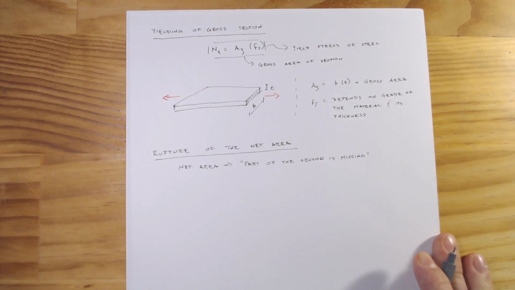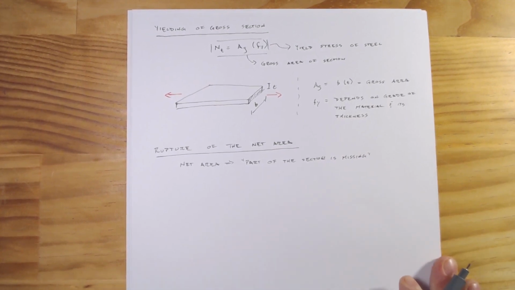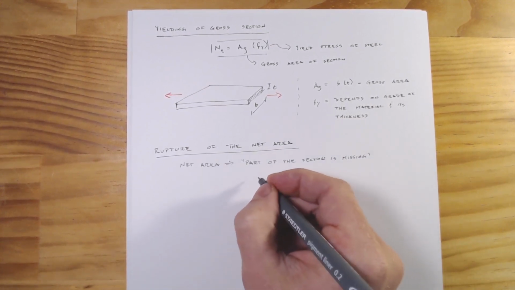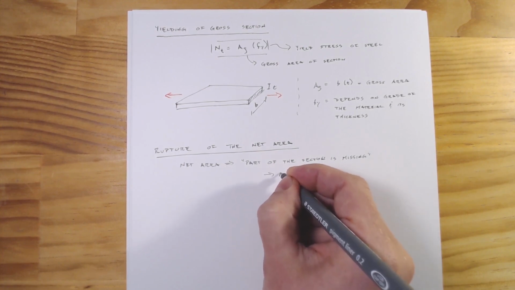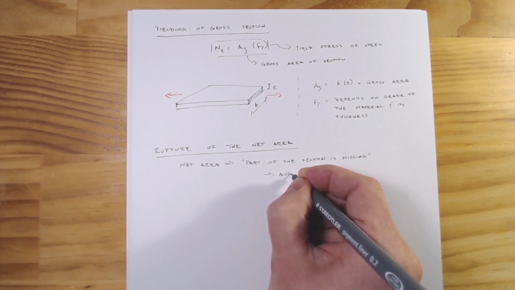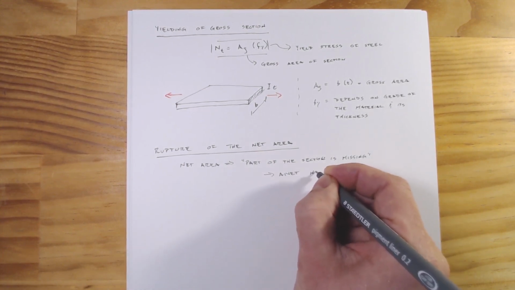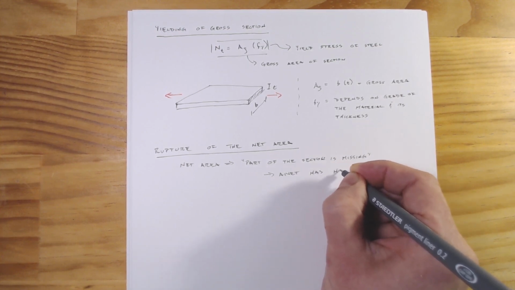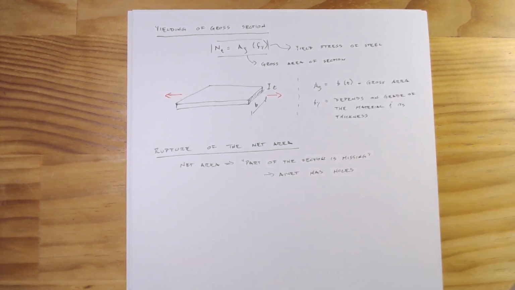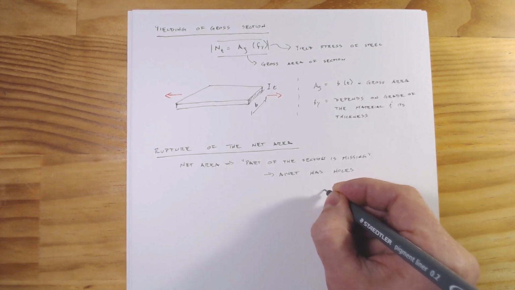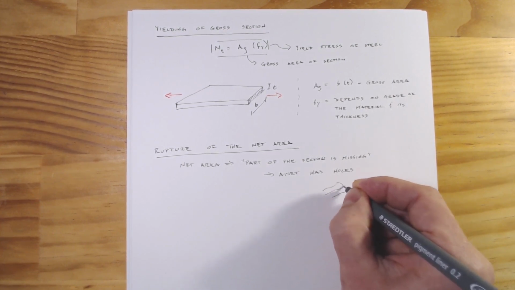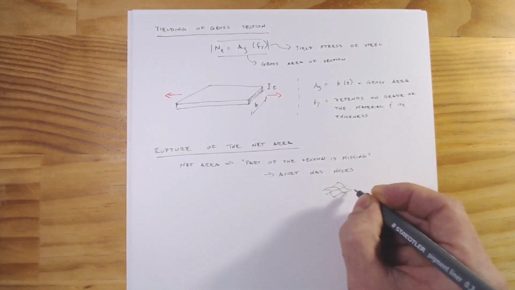If you want another mnemonic to keep this in mind, think about a net: it has holes.